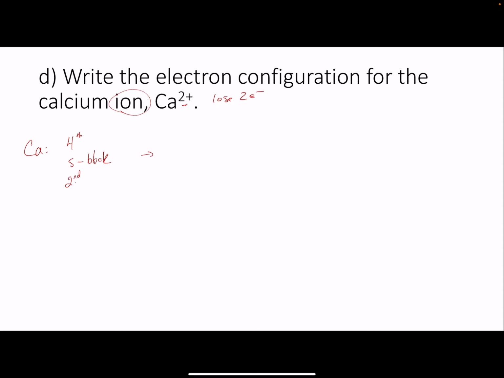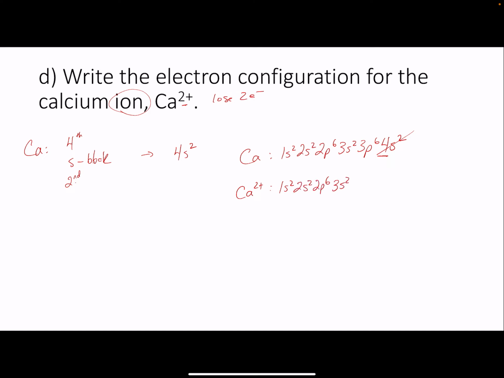So that means 4s2 is how many electrons it would have. So we'll start with calcium and fill everything based on the staircase pattern up to that point. 3s2, 3p6, 4s2. As an ion losing 2 electrons, it's going to lose from the highest energy level. It'll lose both of those in this case, because it has a 2+ charge.